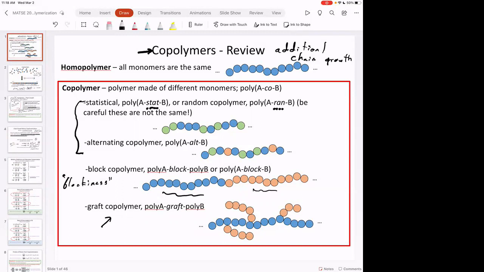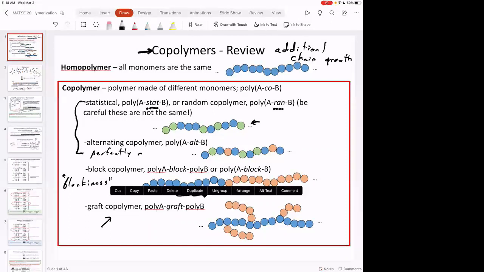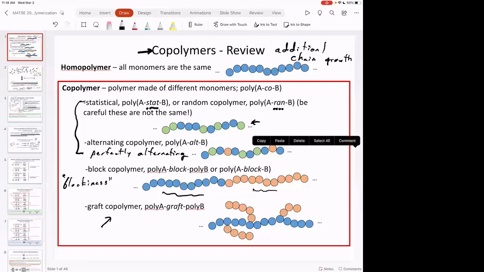So the type of copolymers we're going to focus on are usually copolymers where there is no real pattern to the sequence. Now, in some cases, we can have perfectly alternating copolymers, and we'll call those perfectly alternating. That's a very special case of cross propagation that we'll talk about.